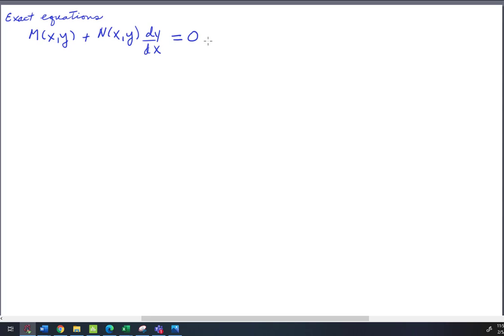Now here's what would make it an exact equation. Let's just suppose that somewhere there is a function f of x, y, and remember y is a function of x. So f is a function of x and y is a function of x. So suppose there is such a function, f of x, y, that has these properties.